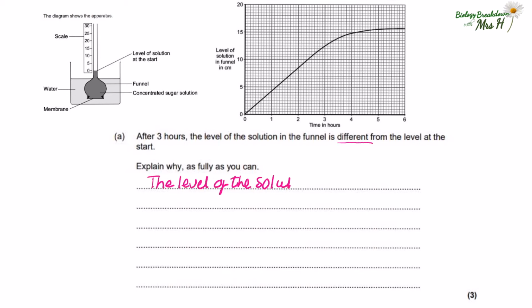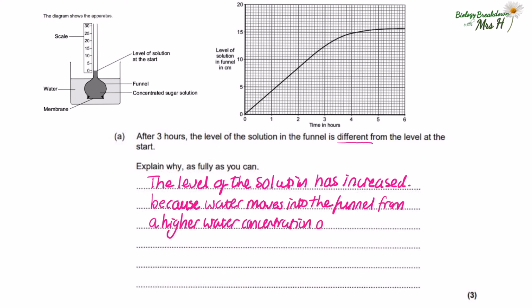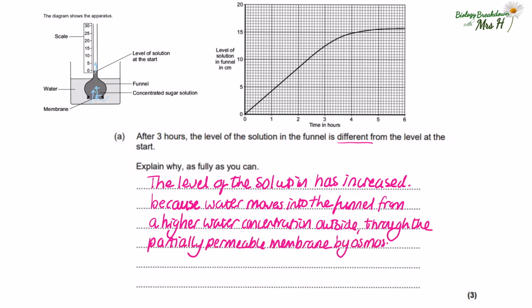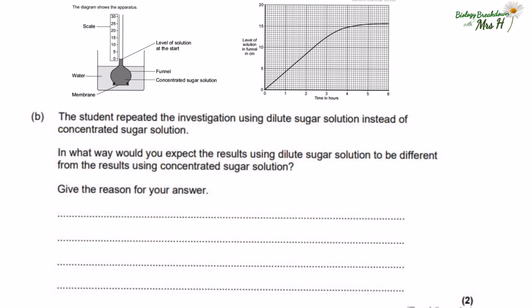The level of the solution has increased because water moves into the funnel from a higher water concentration outside through the partially permeable membrane by osmosis. The student repeated the investigation using dilute sugar solution instead of concentrated sugar solution.